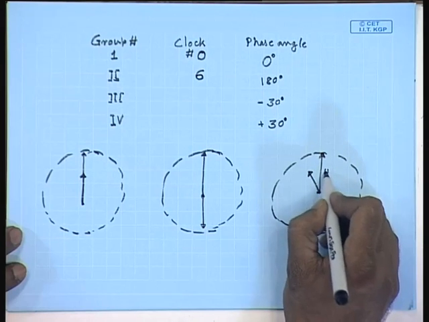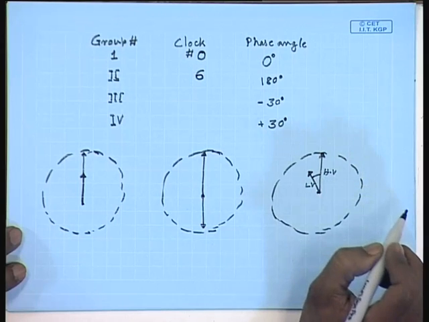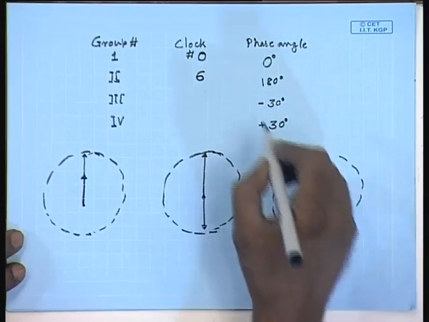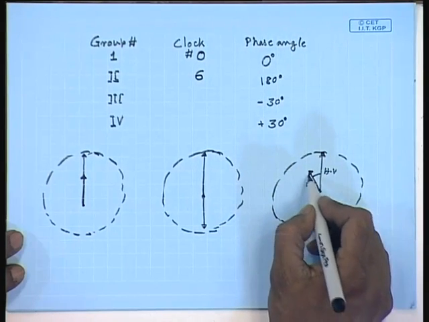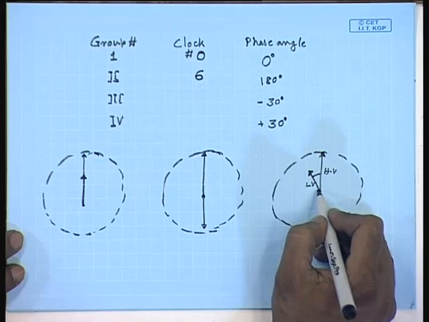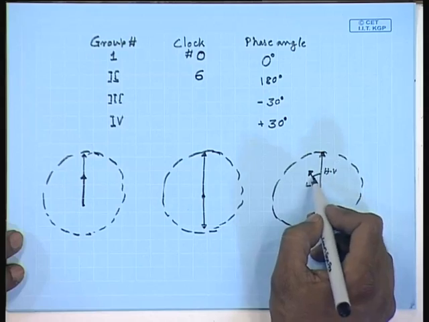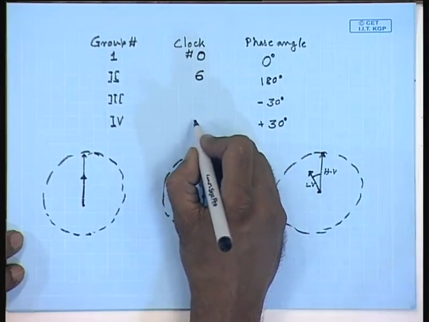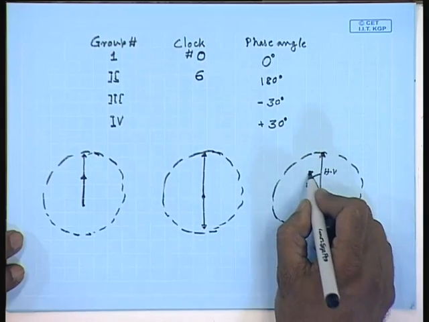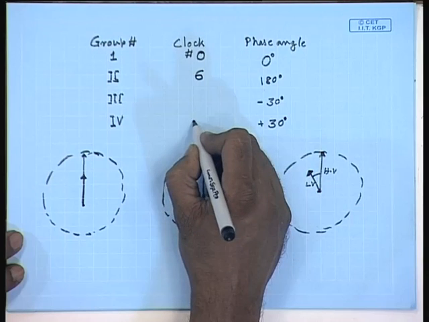This is HV, this is LV. Here the line to neutral phasor of the LV side leads the line to neutral phasor of the HV side by 30 degree. So, this is group number 4, this represents 11 o'clock. Therefore, this clock number for plus 30 degree is 11.